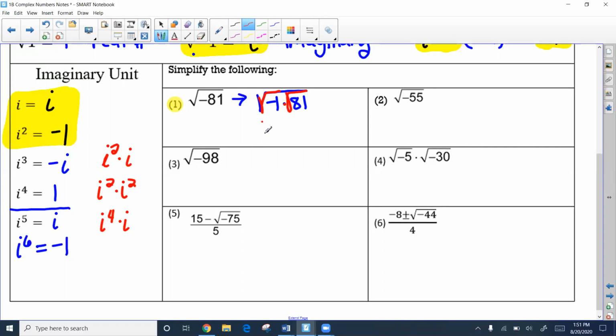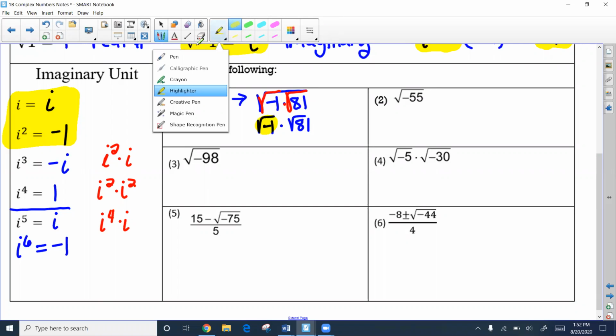So then I would have square root of negative 1 times square root of 81.